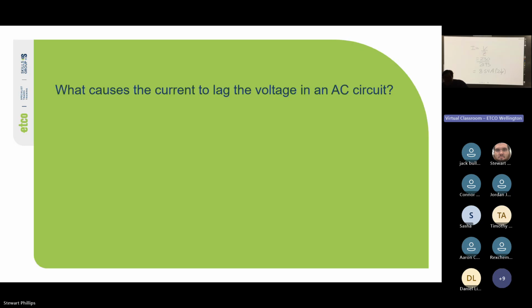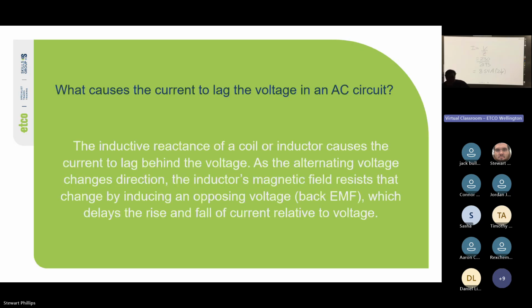Yeah, it's basically just inductance in general. So it's the inductive reactance of a coil or inductor that causes the current to lag behind the voltage. As the current changes direction, the magnetic field resists the change and produces a back EMF, which delays the rise and fall of the current relative to the voltage.